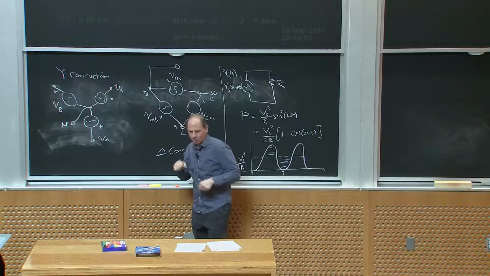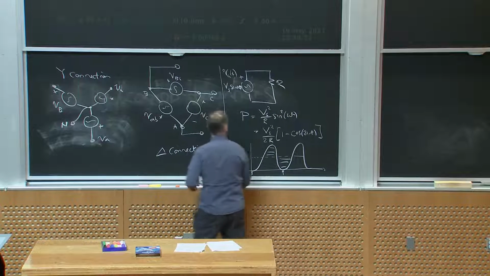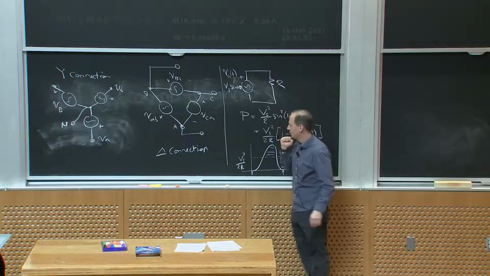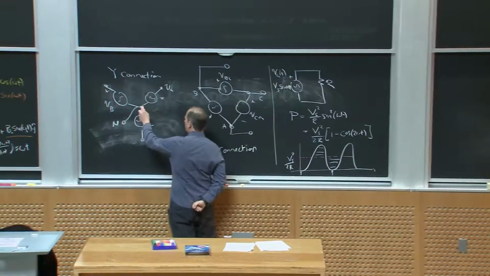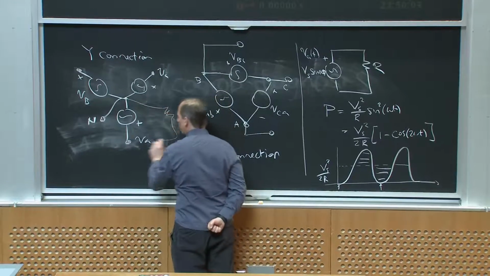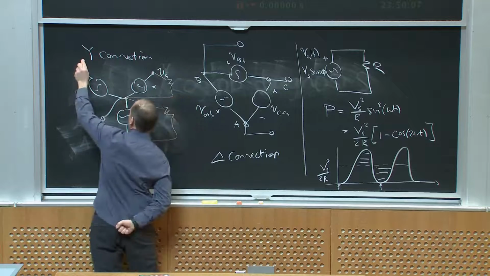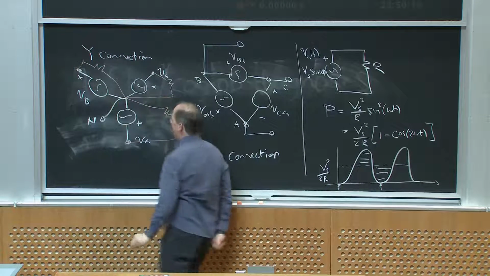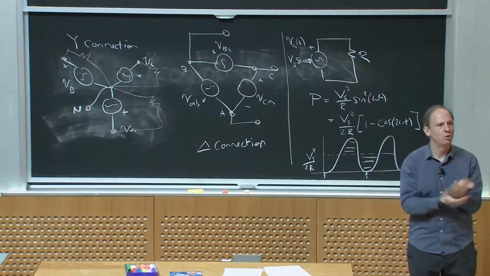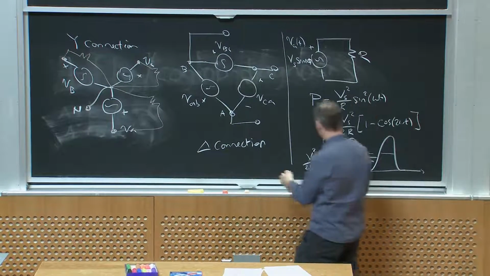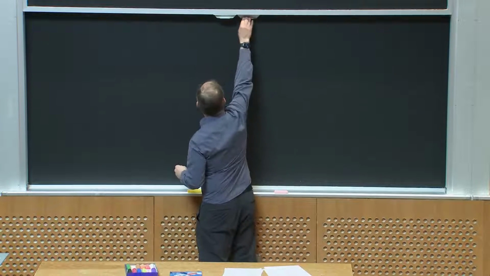So what would happen if, instead of having one load, I had 3, and I connected one resistor to here, one resistor to here, and one resistor to here? What would that net transfer to those 3 loads do? We can write that the same way.